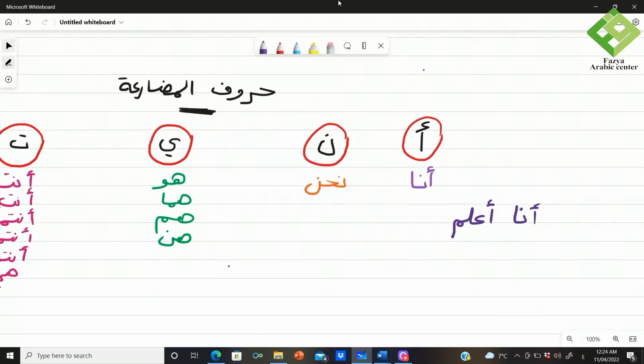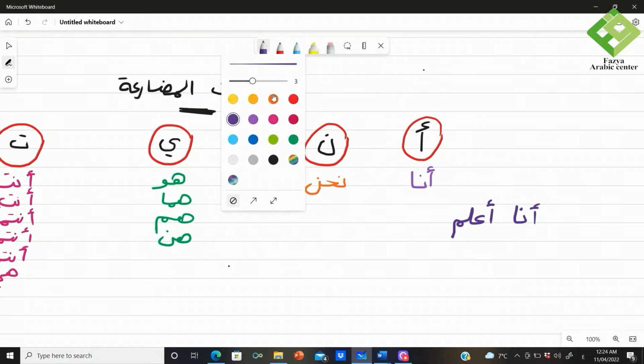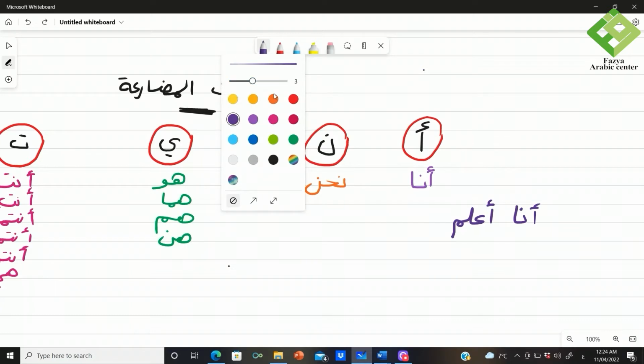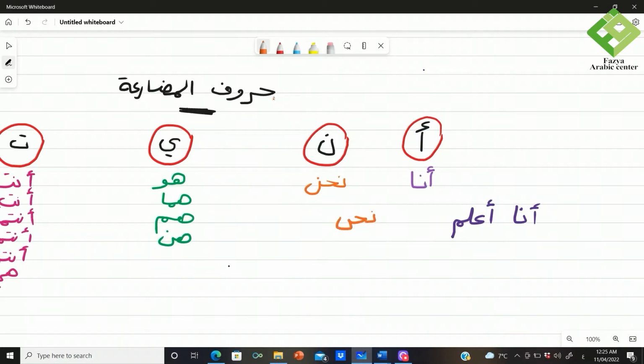What about نحن? نحن is going to be نحن نعلم.